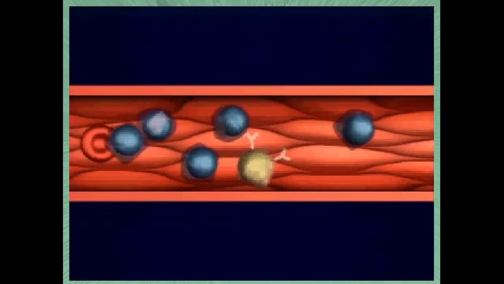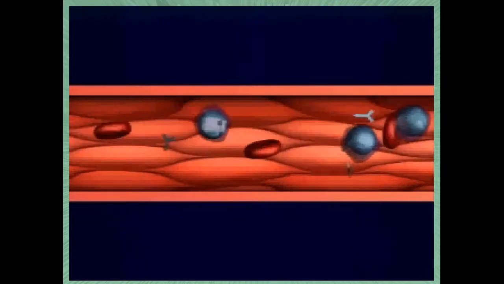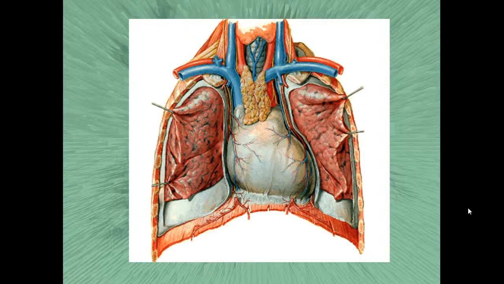And the second mechanism, the humoral immunity, is produced by the B cells by the production of the immunoglobulins. Humoral means in the fluid, because these immunoglobulins are in circulation inside of the blood and lymph of our body.